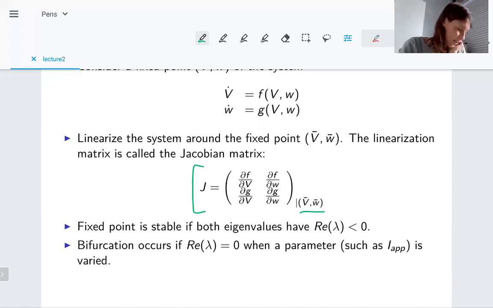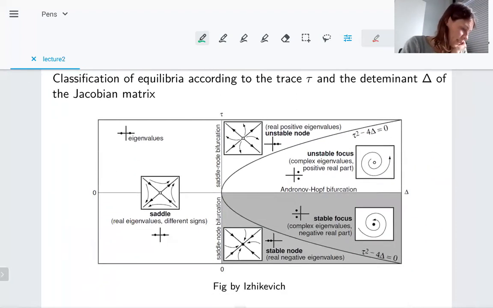Essentially, this is a little bit of a summary of what we can have on the plane, based on the trace and the determinant of the Jacobian matrix. So this is the determinant, this is the trace. For negative values of the determinant, the eigenvalues are always real, and one is positive and the other one is negative.